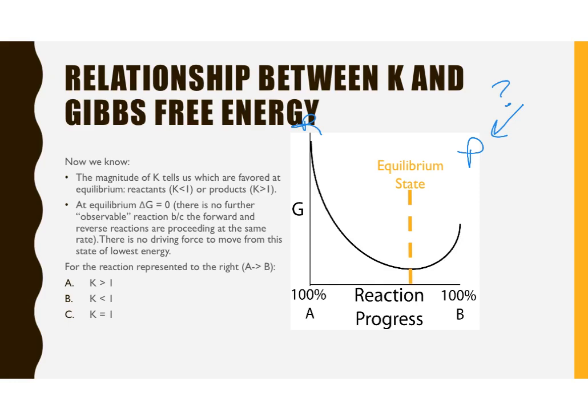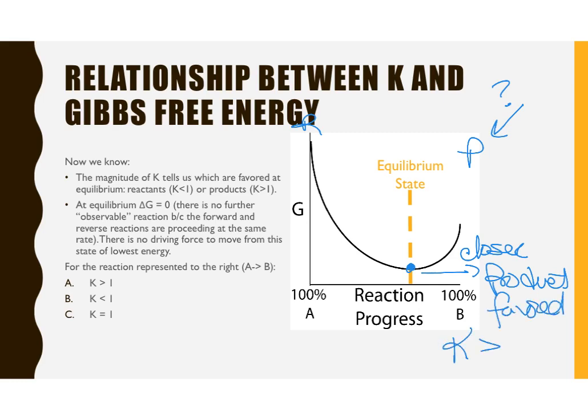And how can you tell? Well, you look for the equilibrium, you look for the low point in the graph, and if the low point is closer to products, then it's product favored. And if it's product favored, what can you say about K? That means that in that case, K is greater than 1. Products are larger than reactants.